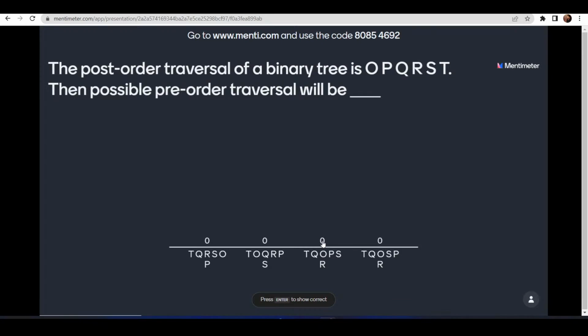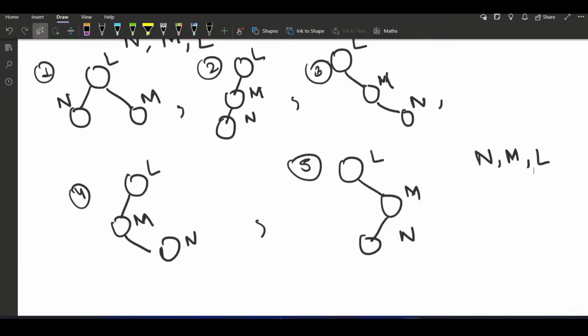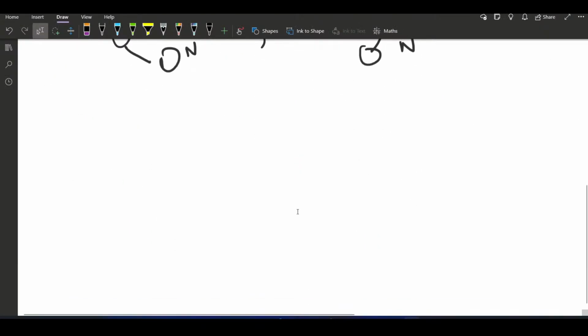Okay, let's discuss the solution of this question. Here we are given the postorder traversal, that is already given. So here we are given O, P, Q, R and S, T. Suppose this is the given postorder traversal, and we have to find the pre-order traversal of this.